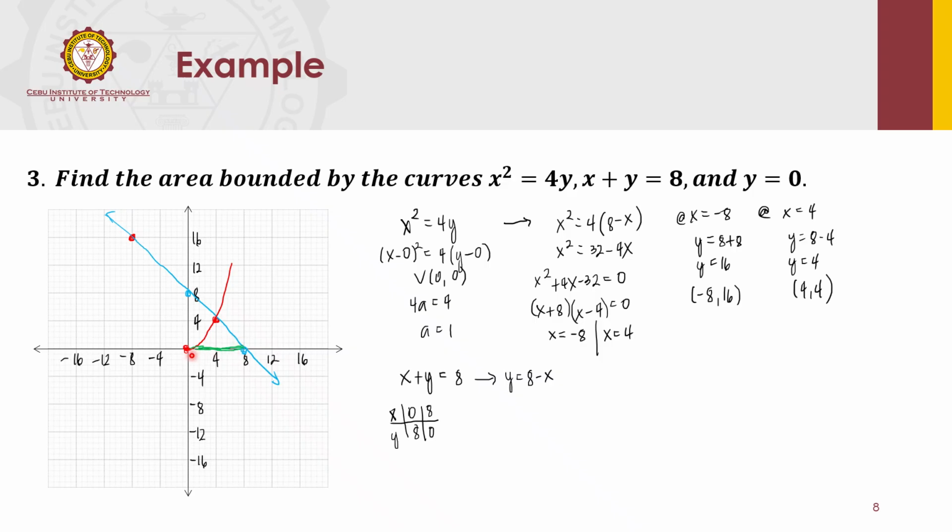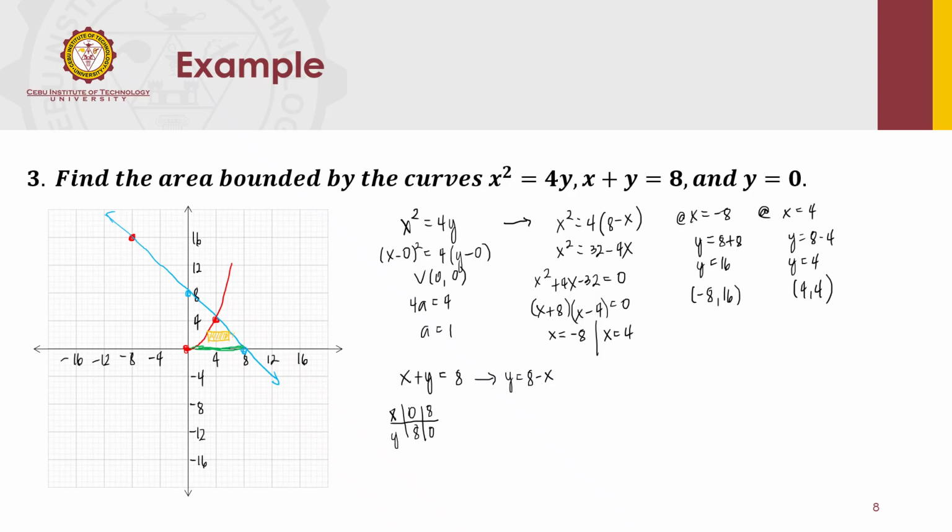The green line, the x-axis, will just serve as a limit, from this part here until this part here where y is equal to 4. So we'll use a horizontal strip. Make sure that both ends of your strip touch the curves.